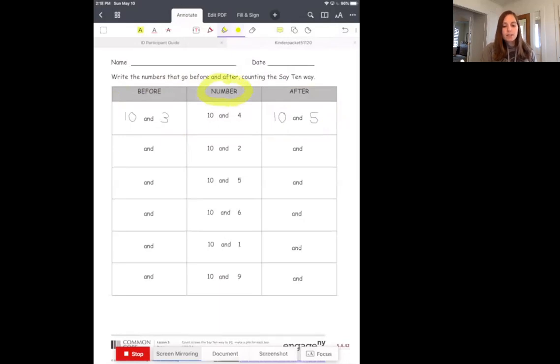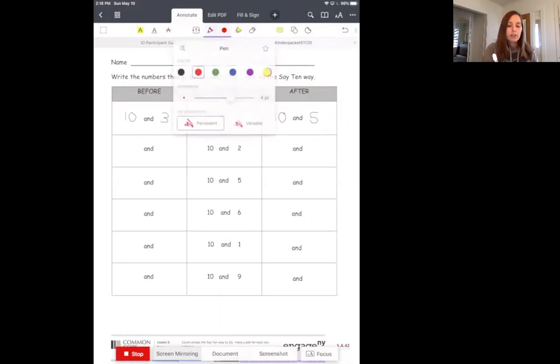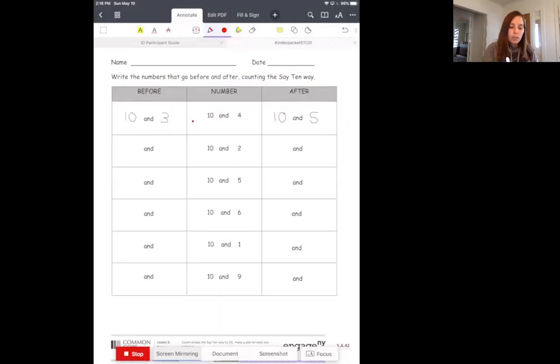And what this tells you, it says 10 and 4. What number is 10 and 4? Well, just for right now, I want you to take a crayon and we're going to put some dots on here. 1, 2, 3, 4, 5, 6, 7, 8, 9, 10.